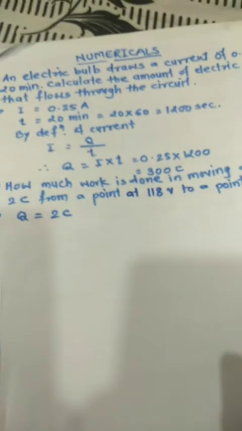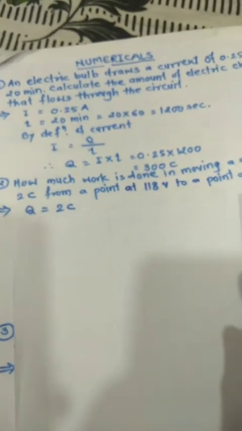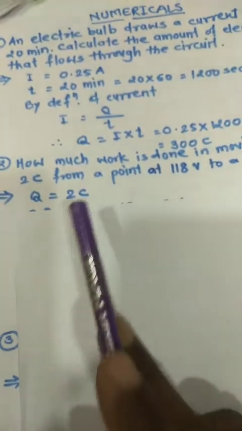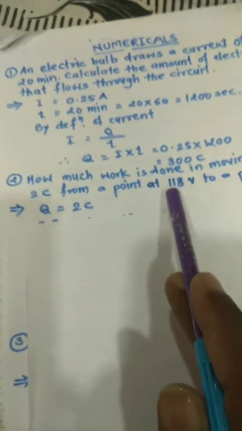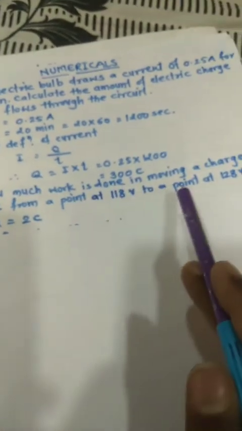Understand the question. First we have to write the given part. What is the question? How much work is done? We have to find the work done in moving a charge of 2 coulomb.